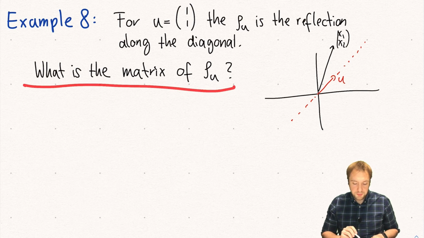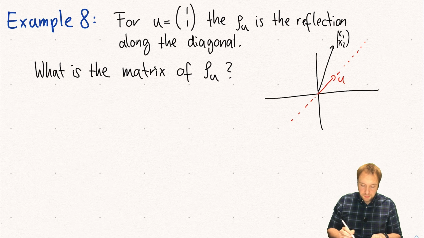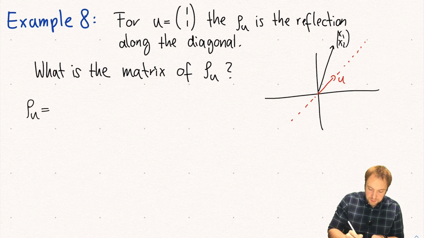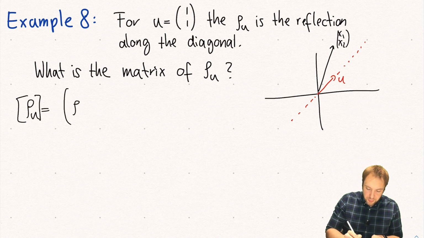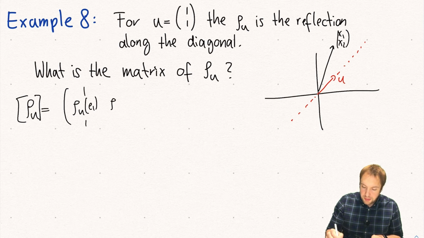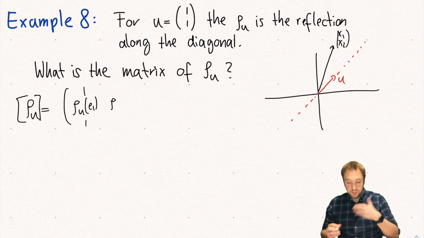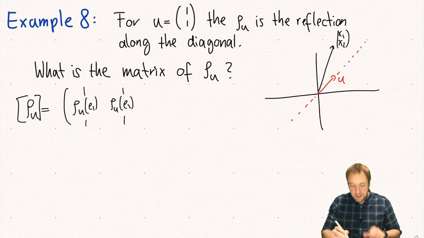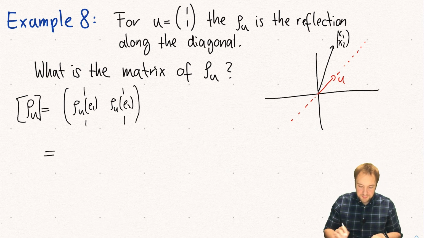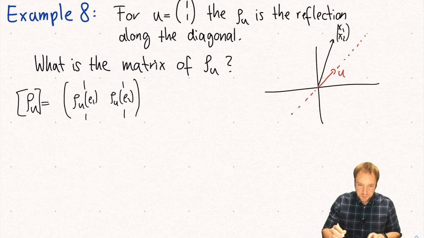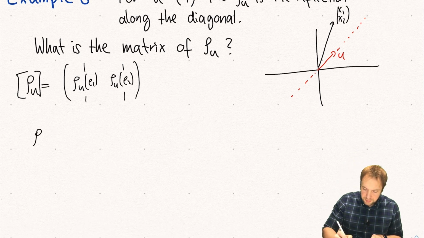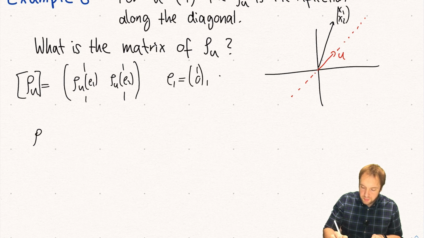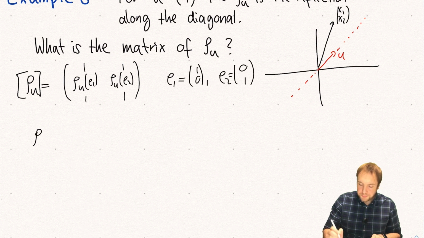So we want to answer the question, what is the matrix of rho_u? The matrix of rho_u is given by rho_u evaluated at e1 as the first column. And the second column, so it's a map from R^2 to R^2, so it's a 2 by 2 matrix, is rho_u evaluated at e2. First of all, e1 is (1, 0), and e2 is (0, 1).